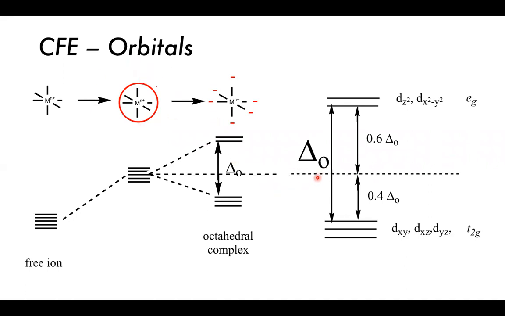And so the T2G set is going to be stabilized by 0.4 of the total delta O energy, and the EG set is going to be destabilized by 0.6 of the total delta O. So if this was, I don't know, 1,000 wave numbers, then this would be 0.6 of that, so it would be 600 wave numbers, something like that.